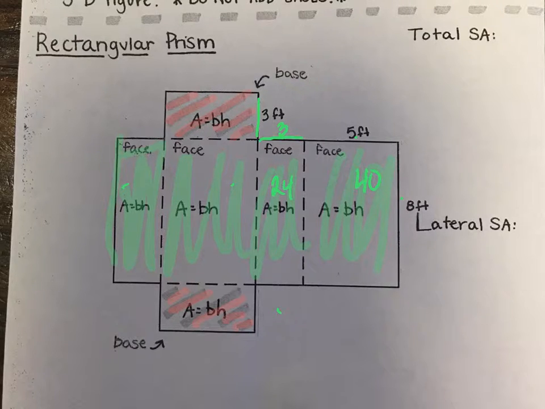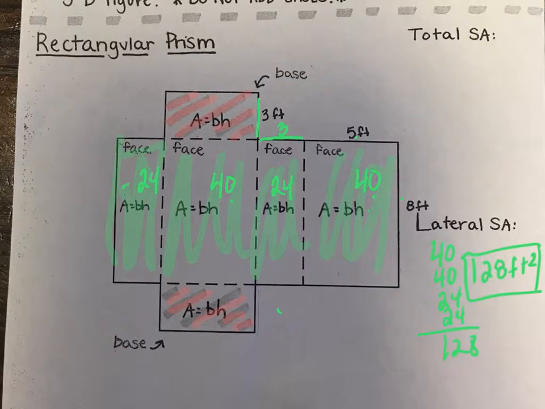And this is the same as this one right here, so this is 40 and this is 24. Remember, top and bottom, front and back, and side. So we would add up all of the faces, which is 40 plus 40 plus 24 plus 24, and we would get 128. So it's 128 feet squared on the lateral surface area.